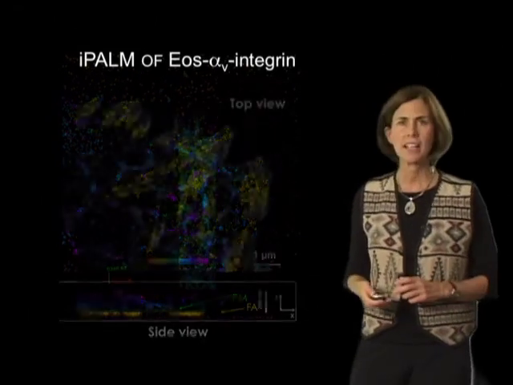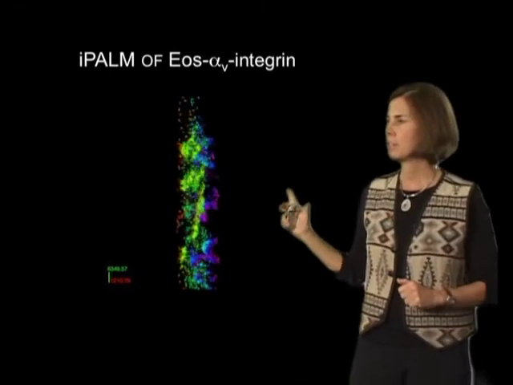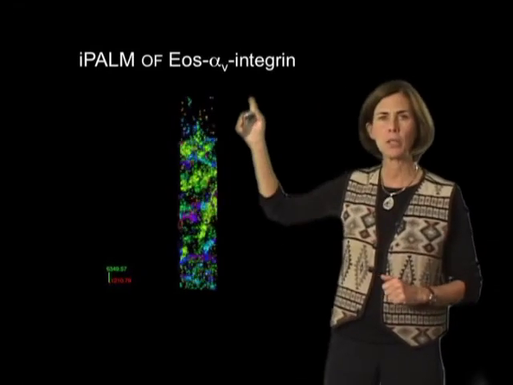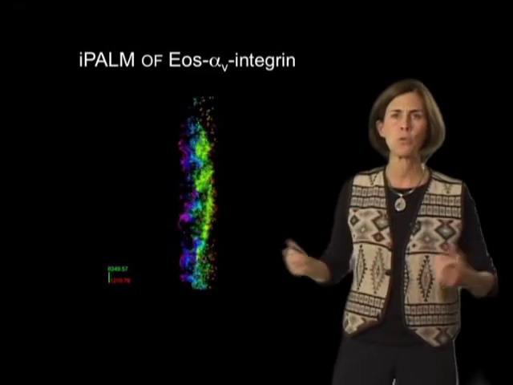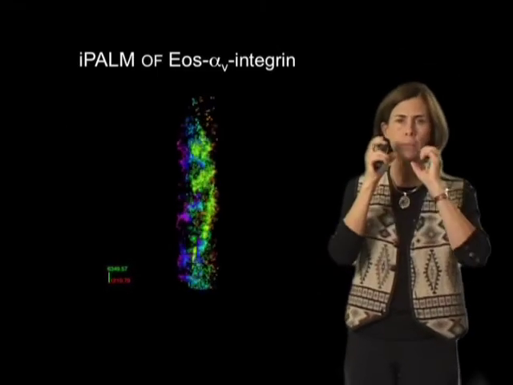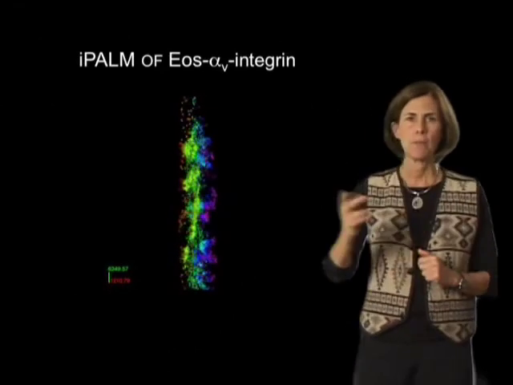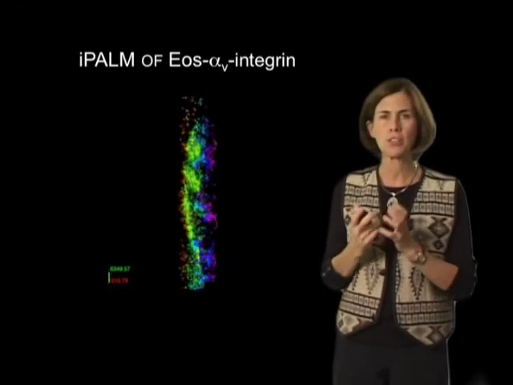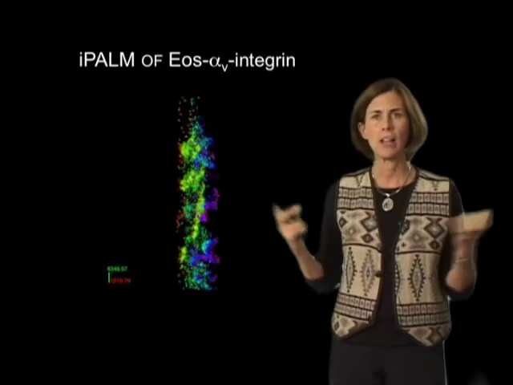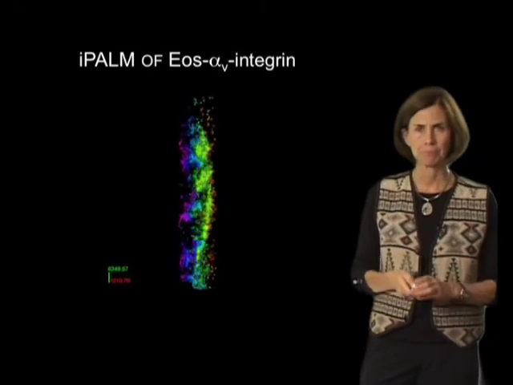So if we take all of this information, we can get a 3D perspective on the distribution of this molecule integrin as it passes through the entire secretory pathway. We can see it in the ER, on the plasma membrane, and in these focal adhesions, and we can get a super-resolution perspective on how all of these membranes are organized within cells.